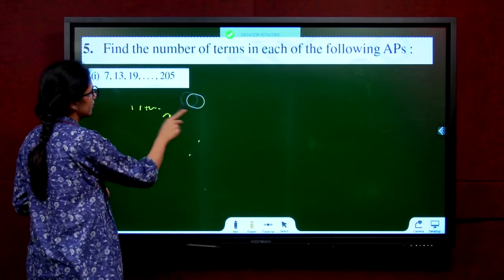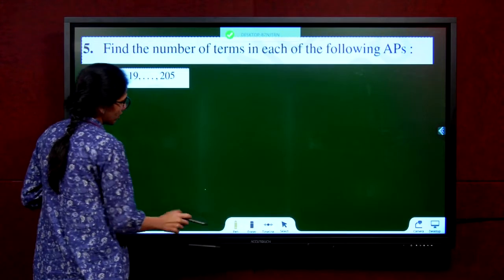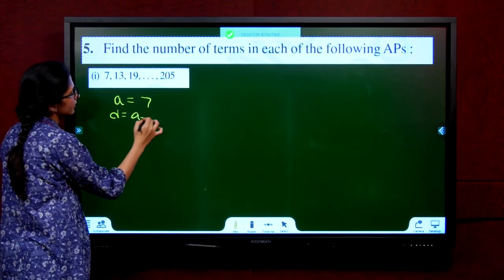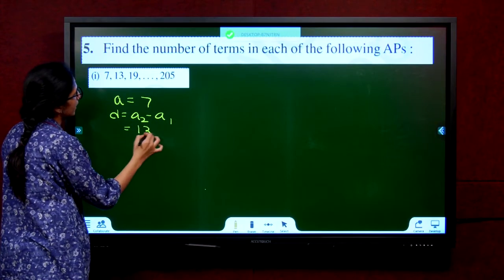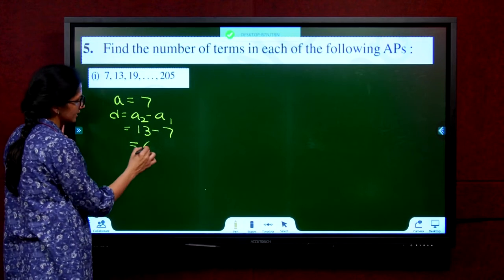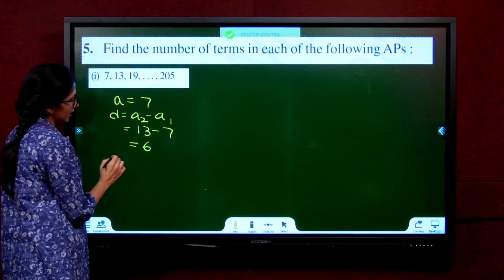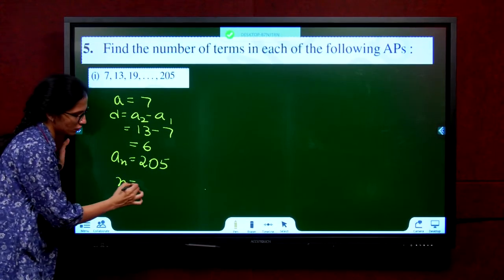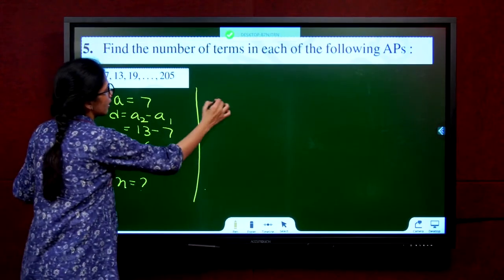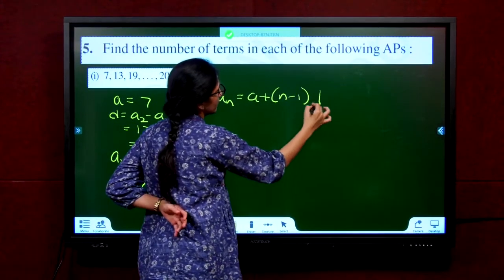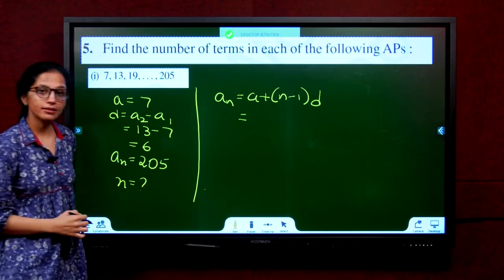I hope it's clear. So, A is 7, D is A2 minus A1, 13 minus 7, 6. Next, AN is 205. I am going to find the value of N. AN is A plus N minus 1 into D. AN is 205.